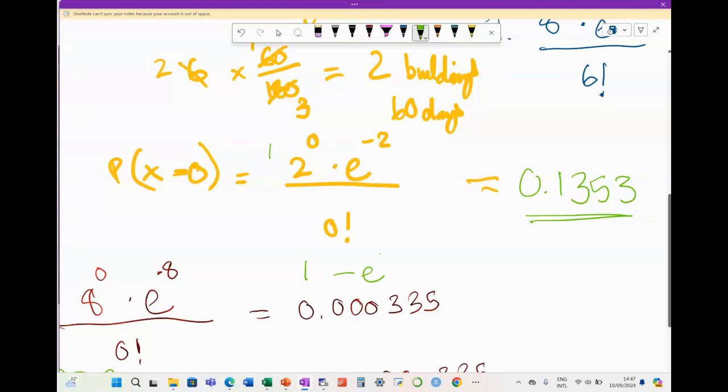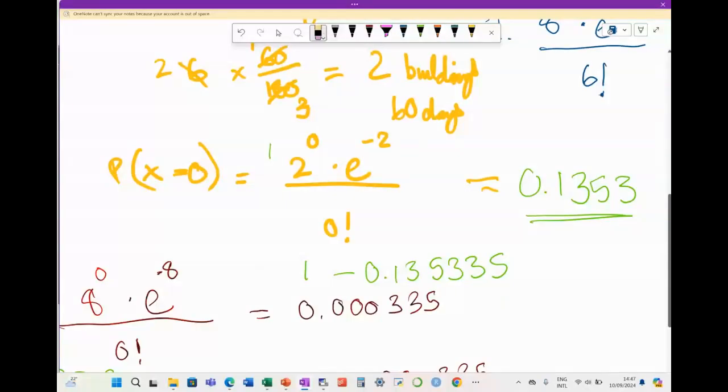Then e to the power negative 2. I'm getting 0.135335.